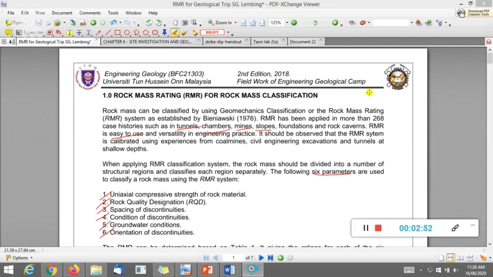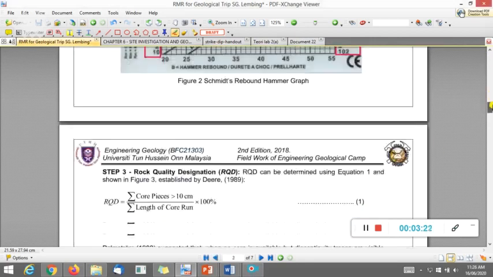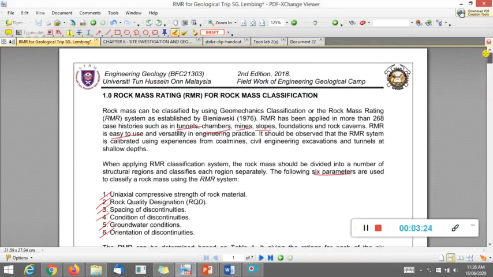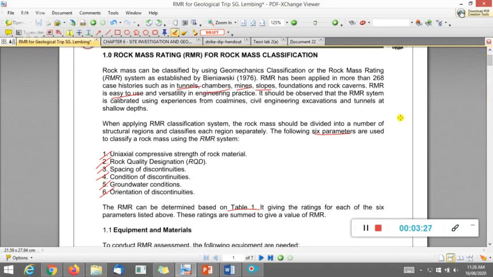If you go on the trip, all of you will use this manual. But due to COVID-19, none of us have the luck to go to Sungai Lembing. This method was developed for the Sungai Lembing geological camp. If you read the original, maybe it is not in an organized form like this. This has been compiled for student use.